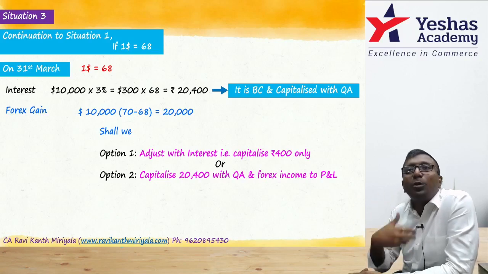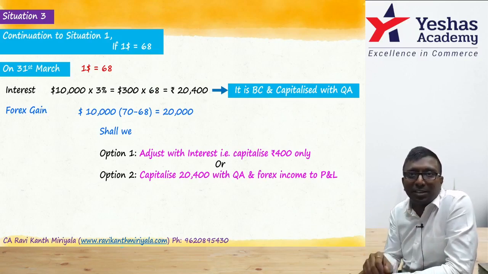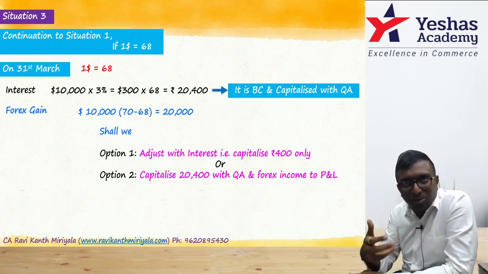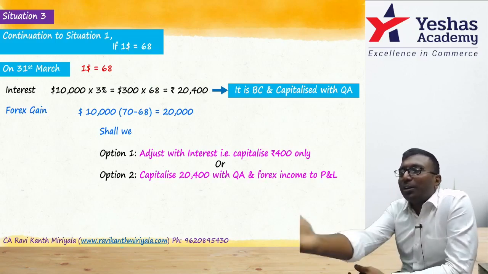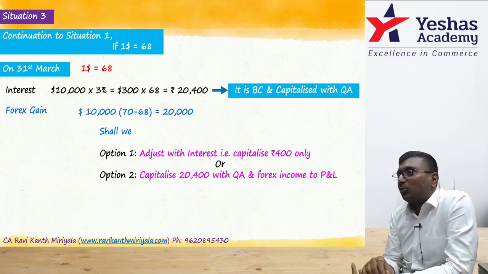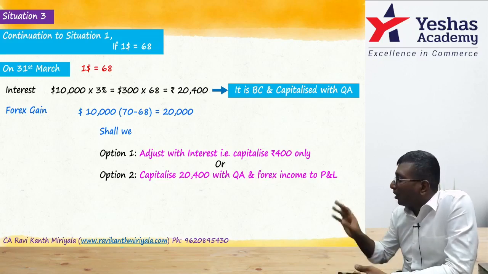It should be outflow of money. When you want to treat it as a borrowing cost, there must be outflow, that is loss or interest payment, or it could be anything. But you cannot treat a gain as a cost. Gain should go to P&L only.